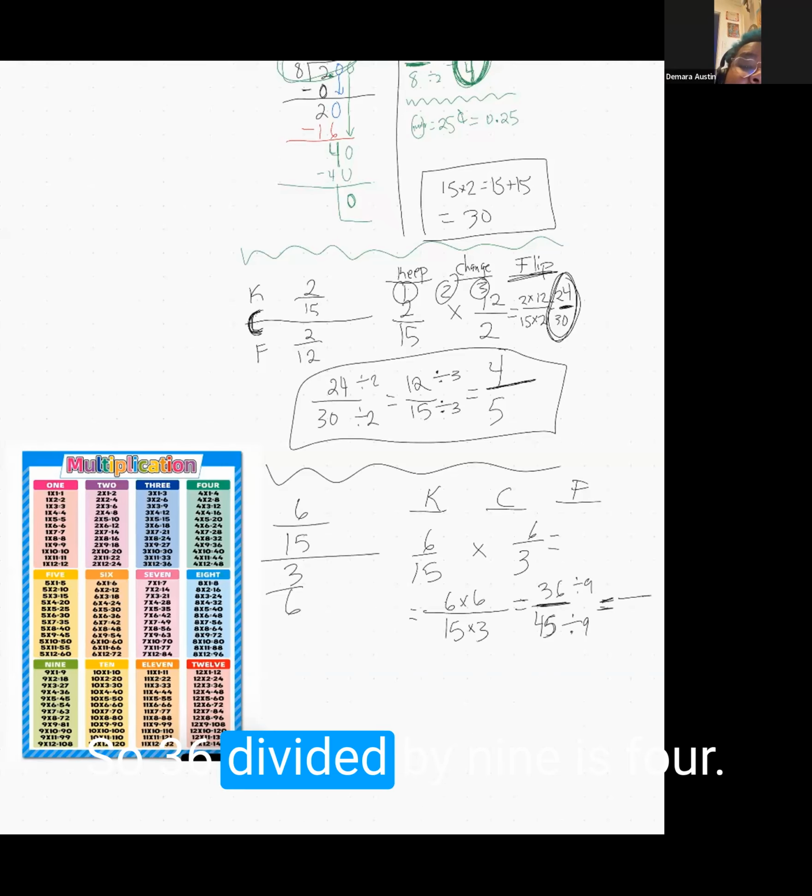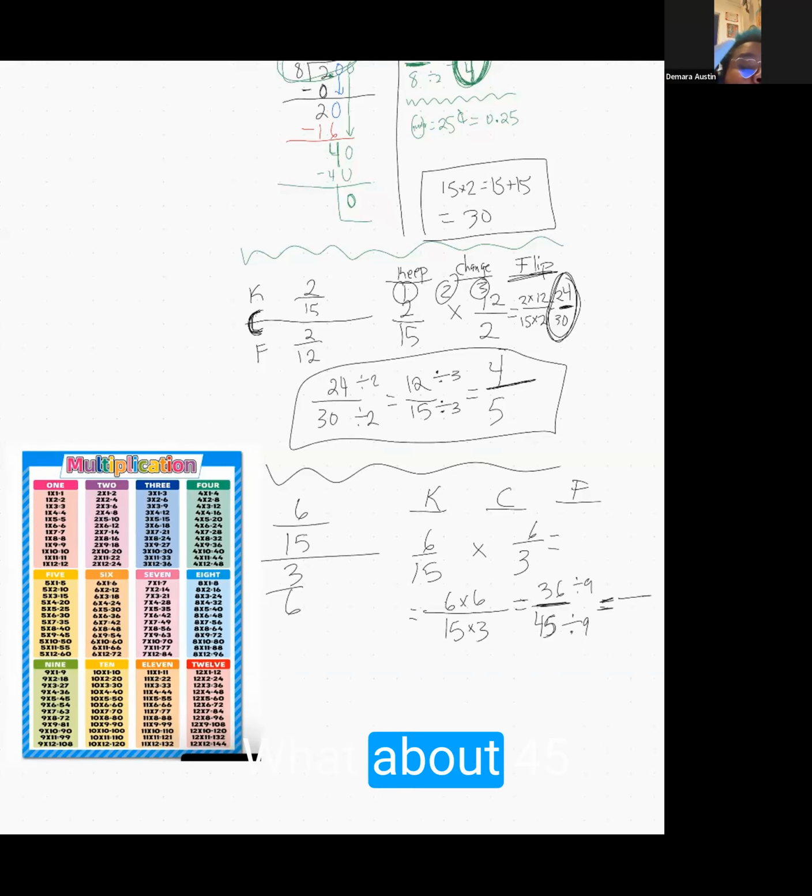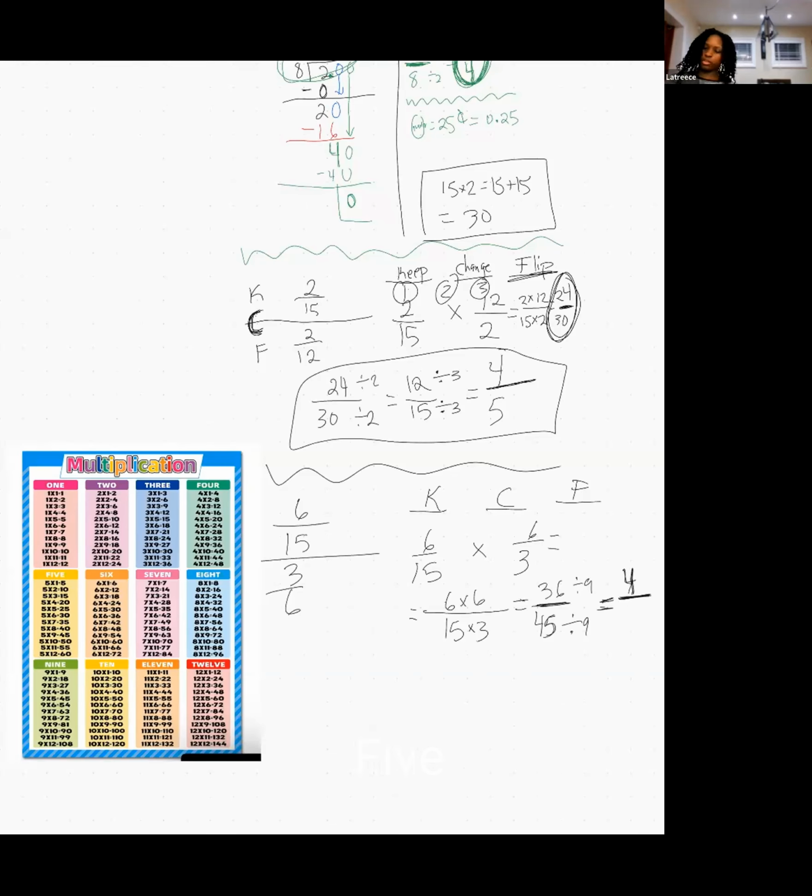So 36 divided by 9 is 4. All right. What about 45 divided by 9? 9 times 5. Perfect. So 4 over 5 is our final answer.